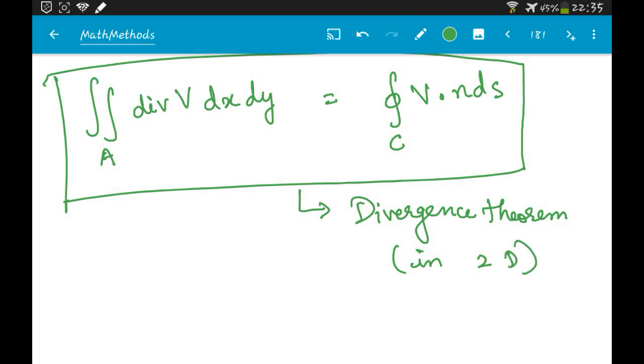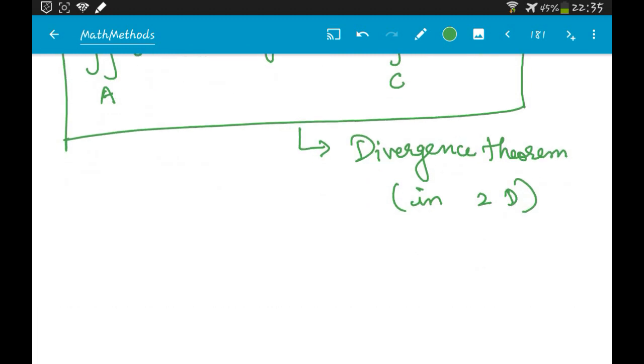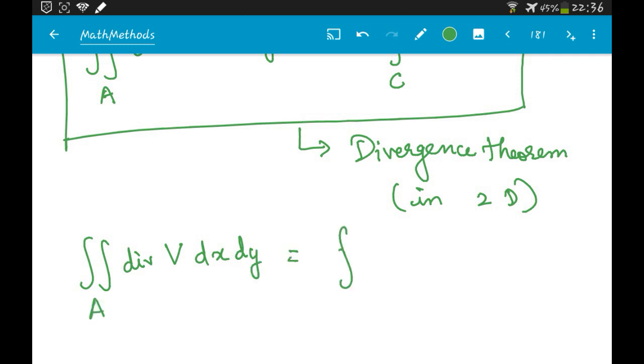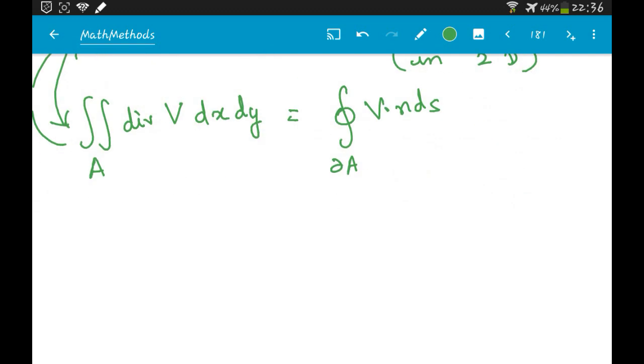Sometimes we also write C as dou A, so we can also write this as the integral of the divergence of v dx dy over A is the closed loop integral over dou A of v dot n ds. This is the same thing as this. They are exactly equivalent.